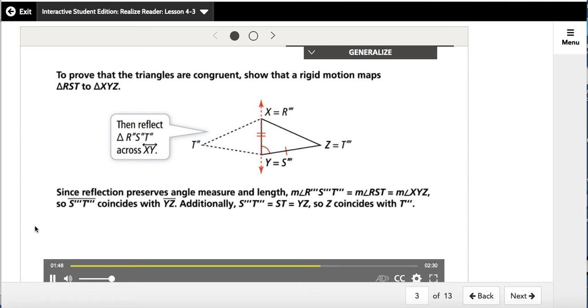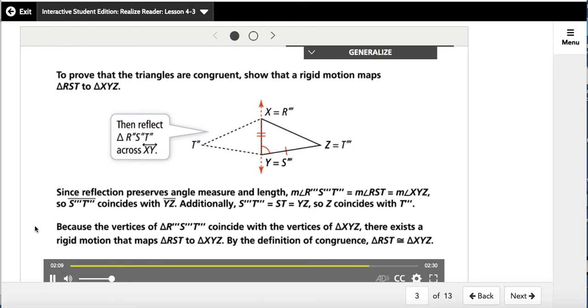So segment S triple prime, T triple prime coincides with segment YZ. Additionally, the length of segment S triple prime, T triple prime equals the length of segment ST equals the length of segment YZ. So Z coincides with T triple prime.